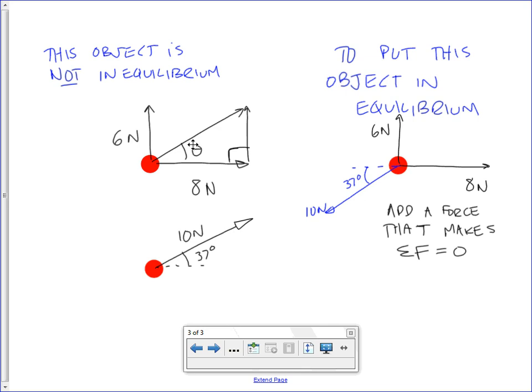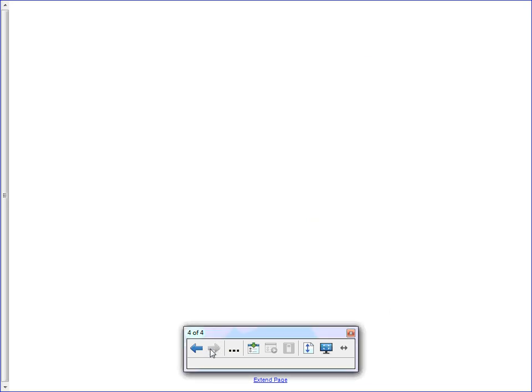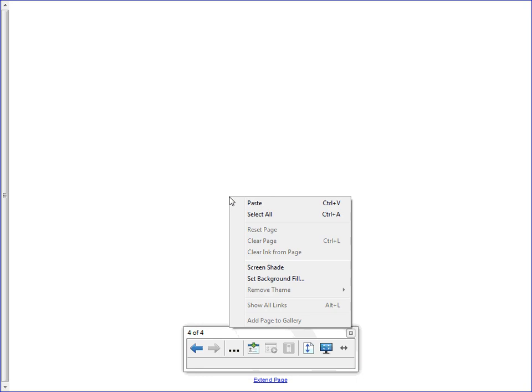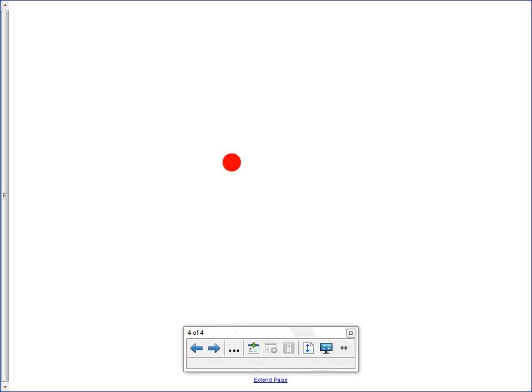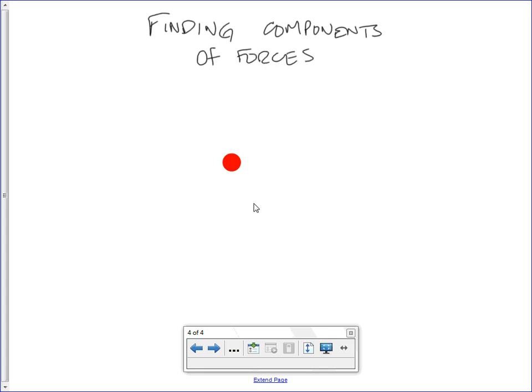All right, next thing is if we look at a case like this, what will be very convenient for us is finding components of forces. All right, let's say that there's a force that looks like this.